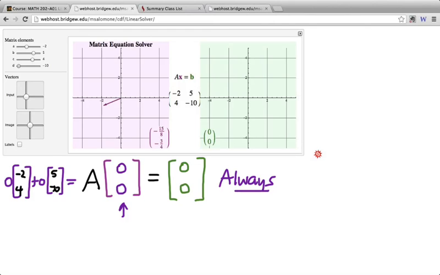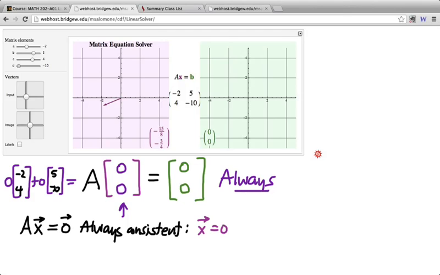So AX equals 0 is always consistent. It's never an inconsistent system because the 0 vector always works. And that's significant. When I write 0 with a vector symbol over it, that means a vector that has all zeros in it. X equals 0 always works.